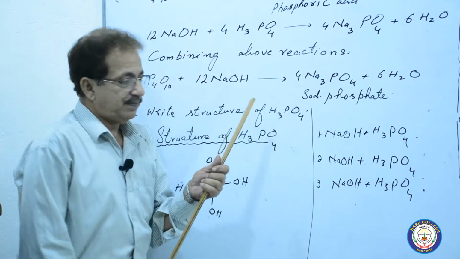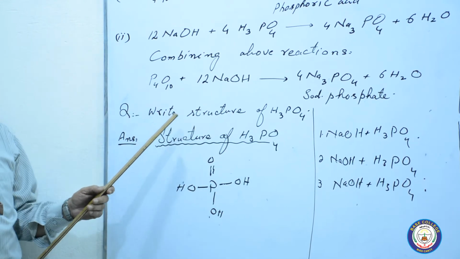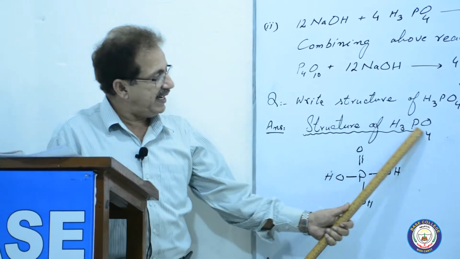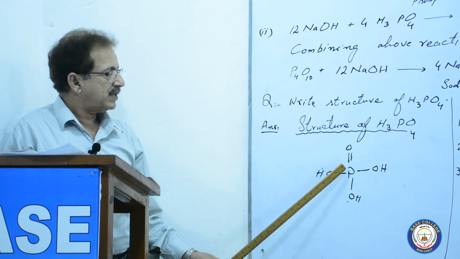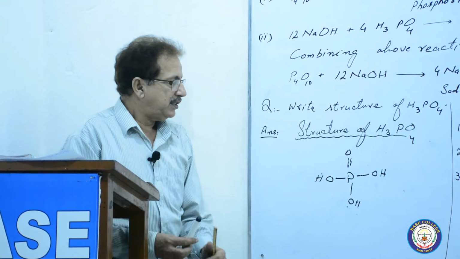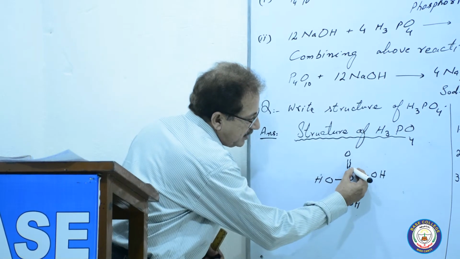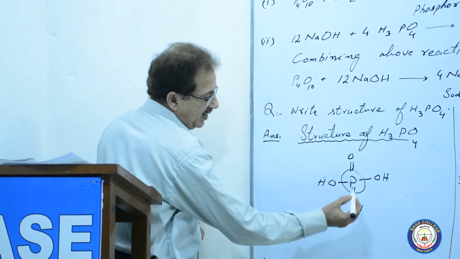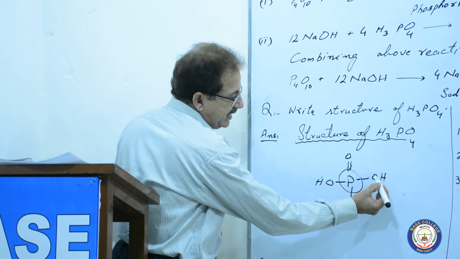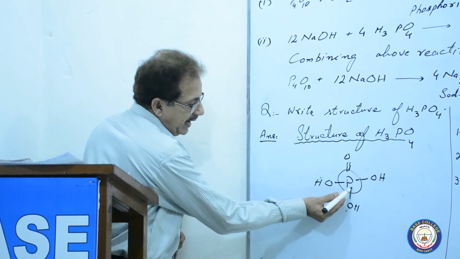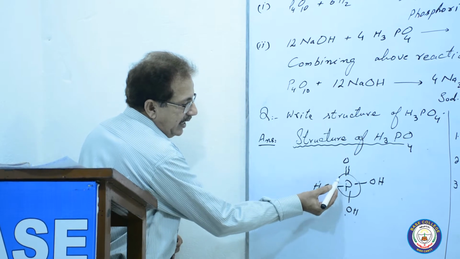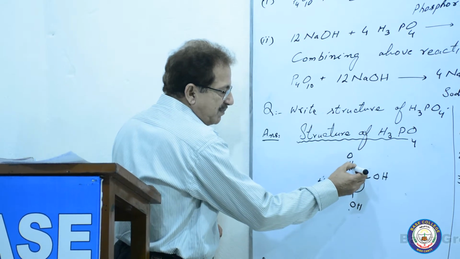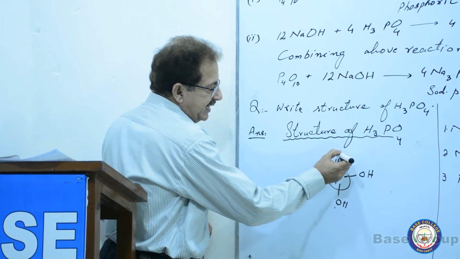Now next question, important: write the structure of H3PO4. Structure of H3PO4, that is this one. Phosphorus belongs to group 5 of the periodic table, so it has 5 electrons in its valence shell. 1 electron is utilized with this OH for bonding, another here, third one here, and 2 electrons of phosphorus are utilized in the formation of a double covalent bond with this oxygen.